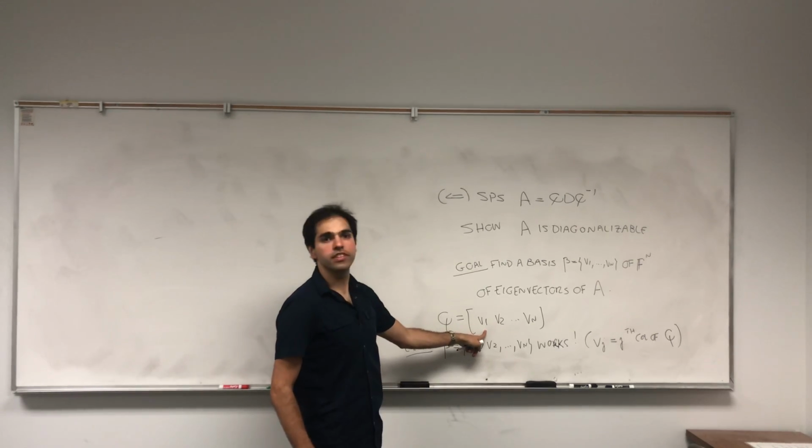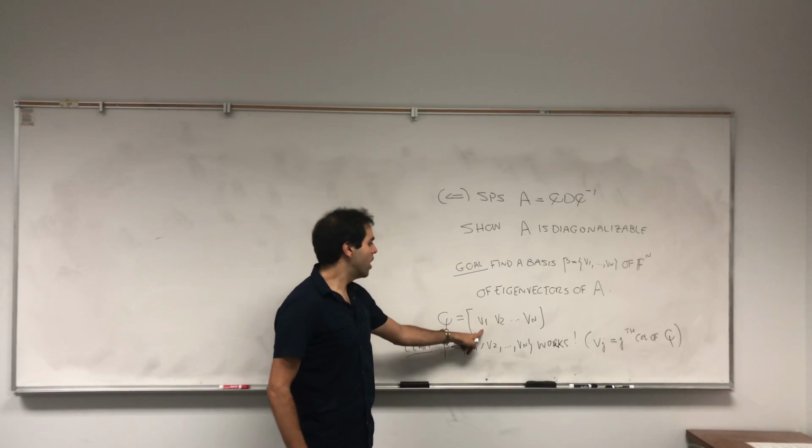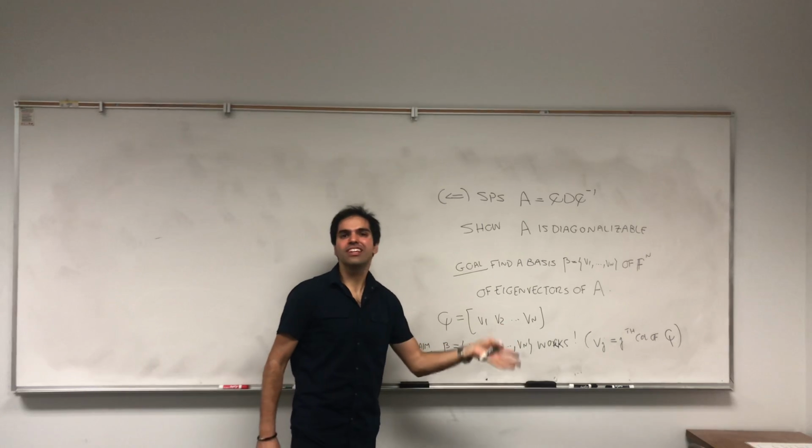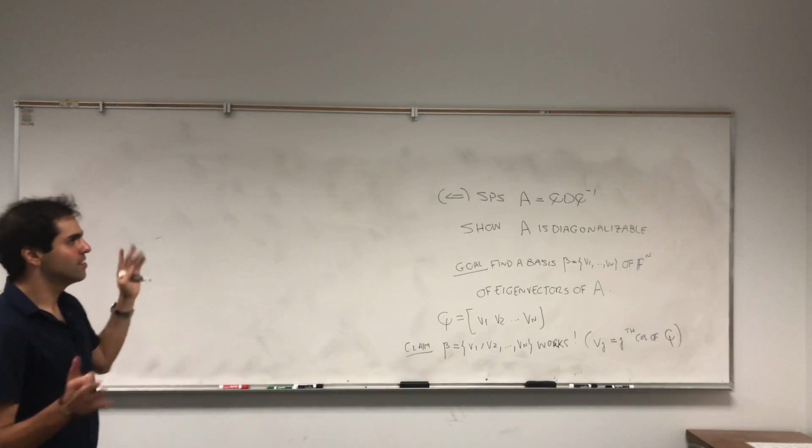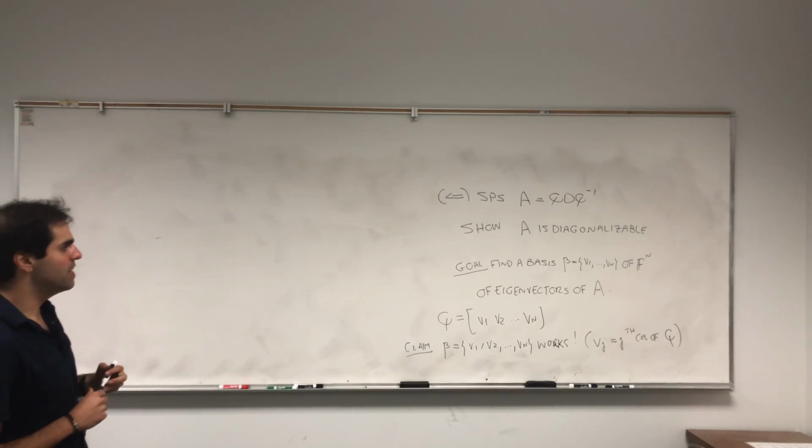Precisely because Q is invertible, so you can show that a matrix is invertible if and only if its columns form a basis for F^n. In general F^m, but here we have a square matrix.